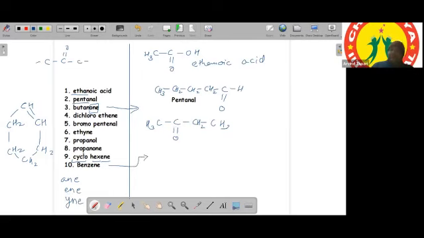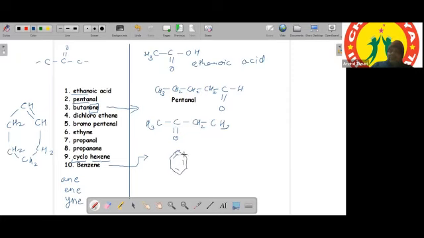Yes. Then benzene, see, it has its own different nomenclature. It does not follow these rules. Benzene and such compounds are called aromatic compounds, and they are made like this.